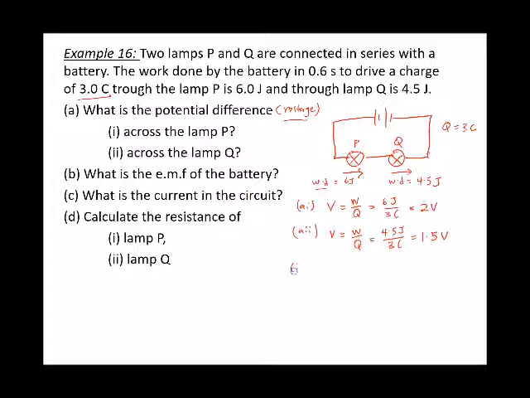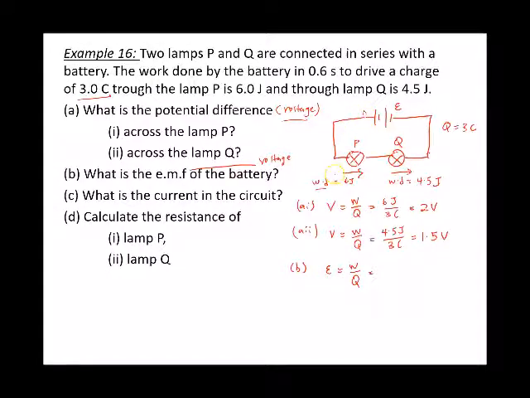Okay, part B. What is the EMF of the battery? Also refers to voltage, but it is the voltage that the source provides. So you want to find out the EMF. EMF is also equal to work done divided by charge. But remember, for EMF, you are interested in the work done needed to push the charge around the whole circuit.